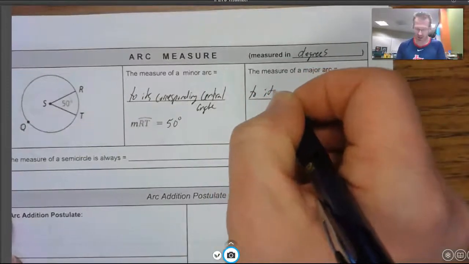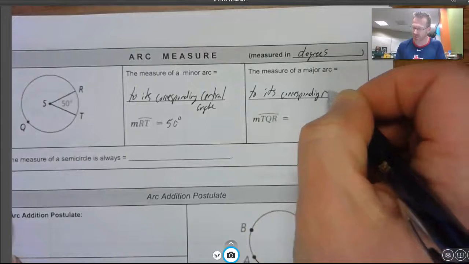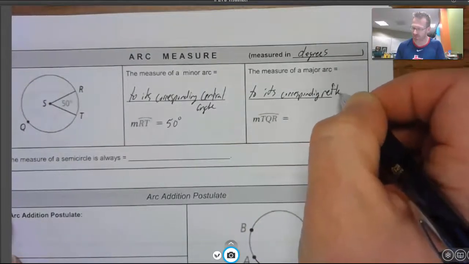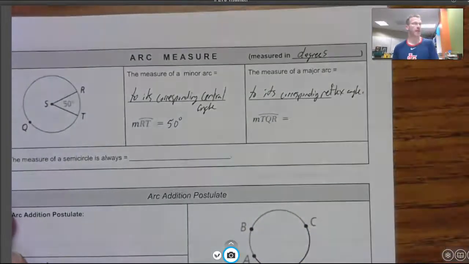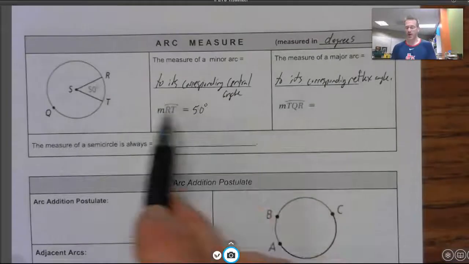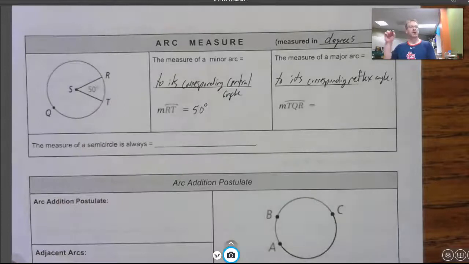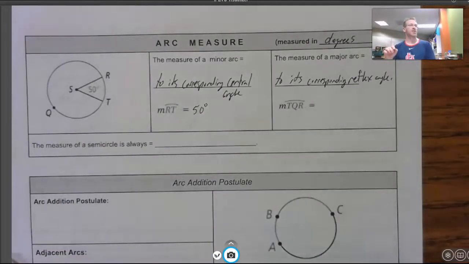Now for the major arc, we have something called a reflex angle. So the measure of a major arc is equal to its corresponding reflex angle. Basically, it's what's left of the central angle. If we take the central angle away, so notice we have TQR here, the entire distance around in degrees is 360 degrees.